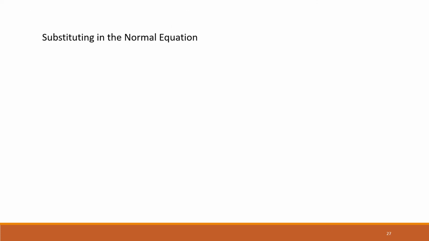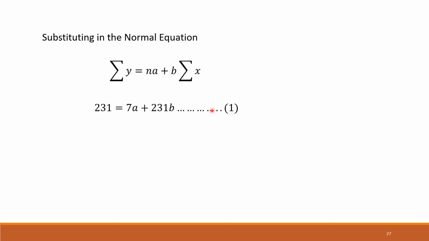Substituting everything in the normal equation. This we have done already, a similar type of problem. Summation y: when we write the equation as y is equal to a plus bx, we take summation on both the sides and then substitute the summations given in the previous table.